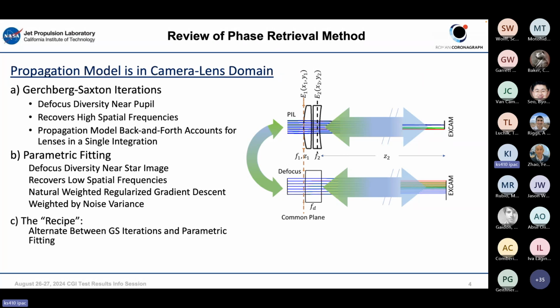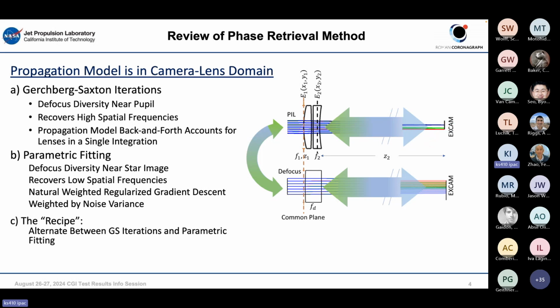Okay. So classic phase retrieval is Gerchberg-Saxton iterations, which I kind of showed here. With the pupil lens, there's a wavefront incident on the lens, and then propagating through the lens makes a pupil image on the EXCAM.